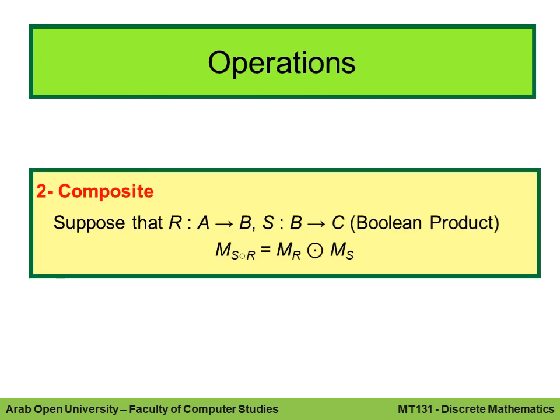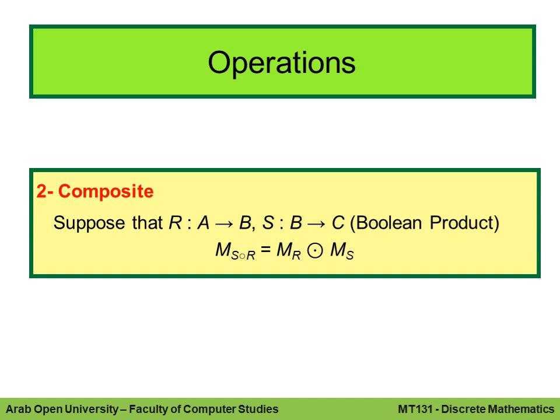One more thing, we also have the relation which is the composition. You can use the operation, the Boolean product, to find the matrix for the composition. If R is the relation from A to B and S is the relation from B to C, then to find the matrix for S circle R, the composition of S and R, just take the Boolean product of the matrix for R with the matrix for S. Now the order here is important.